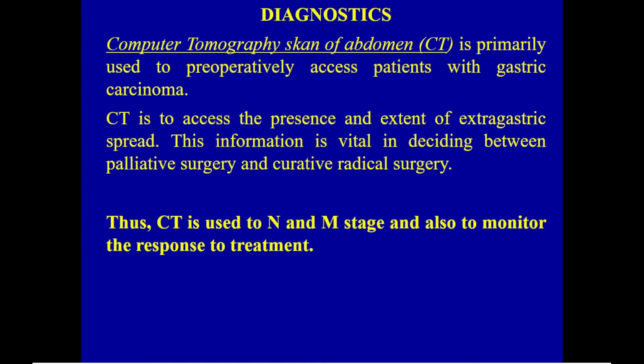This information is vital in discerning between palliative surgery and curative radical surgery. CT scan is also used for lymph node and distant metastasis staging, and to monitor the response to treatment.